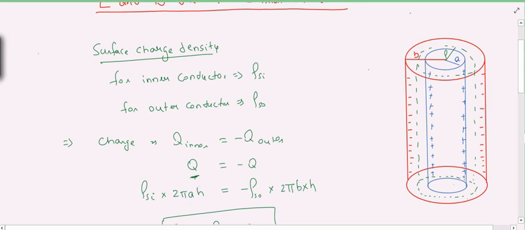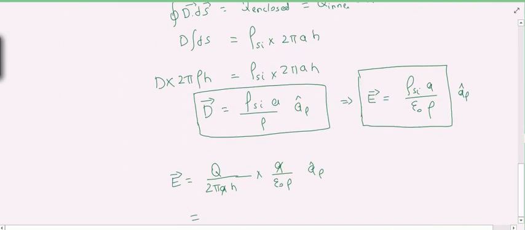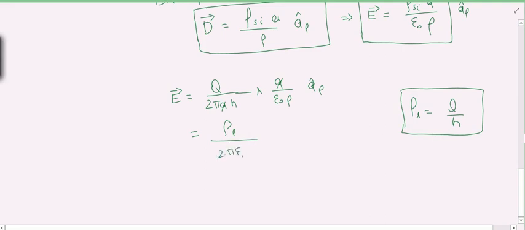So if I write Q by h, this means the line charge density, charge per unit length, it will be rho s into 2 pi a, right? So if I replace this Q by h by some line charge density rho l, where rho l is nothing but Q by h, charge per unit length basically, you can now write this as rho l by 2 pi epsilon naught rho a rho cap.